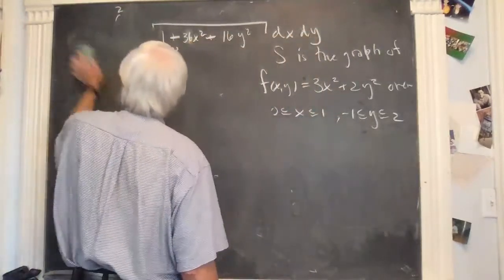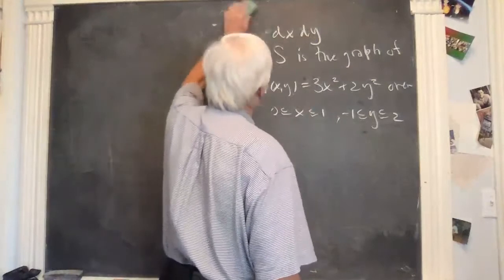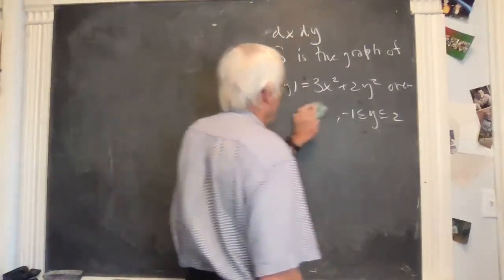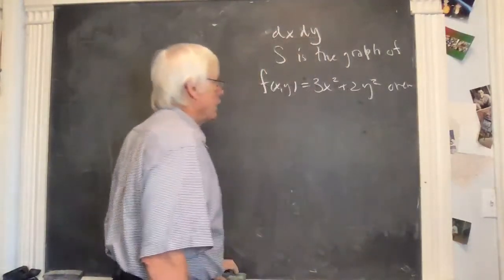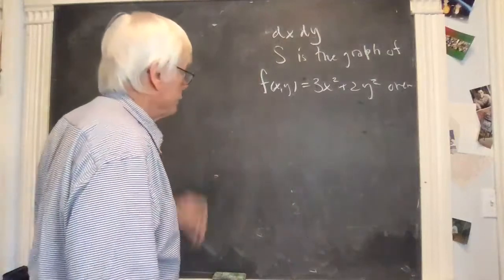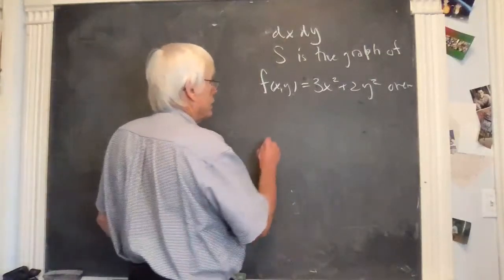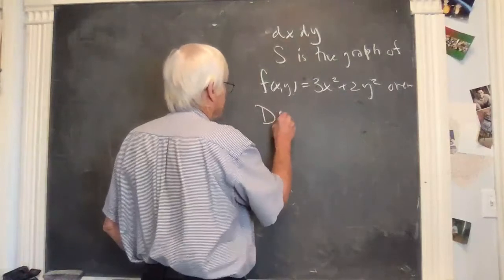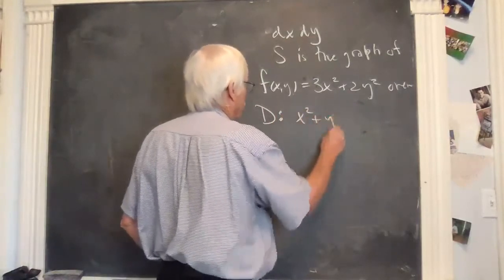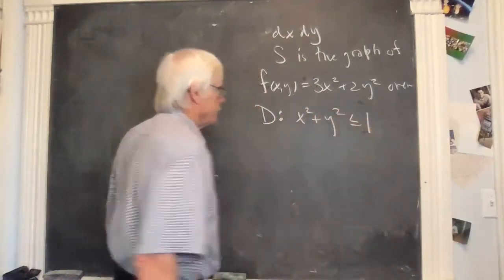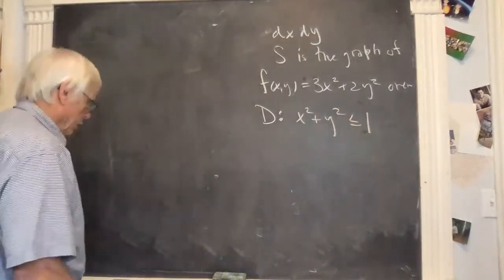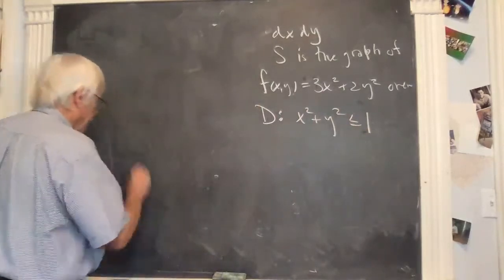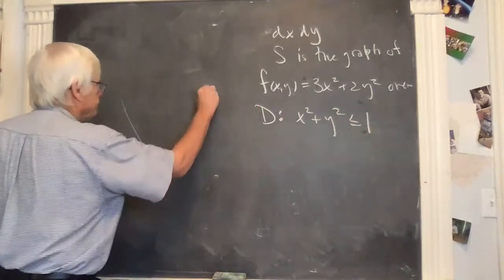And let's not change the function. I'll keep that, but I'll change the domain here. Let's say over D, where x squared plus y squared is less than or equal to 1. So now again, we're looking at an elliptic paraboloid.